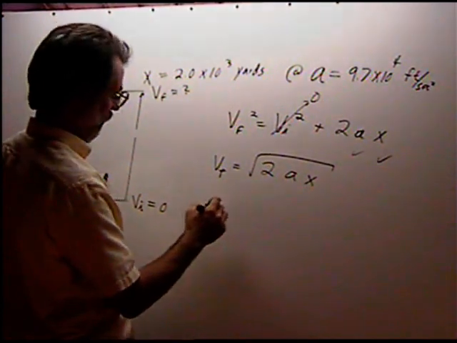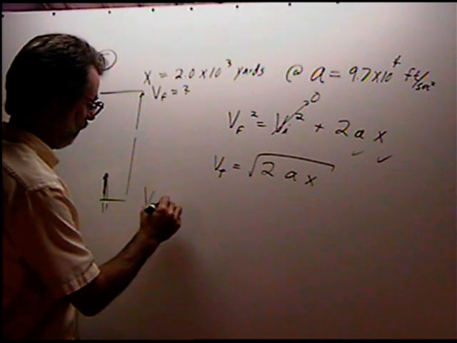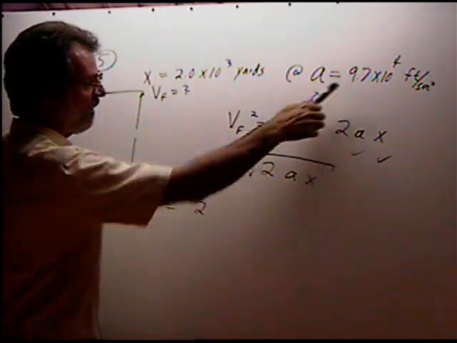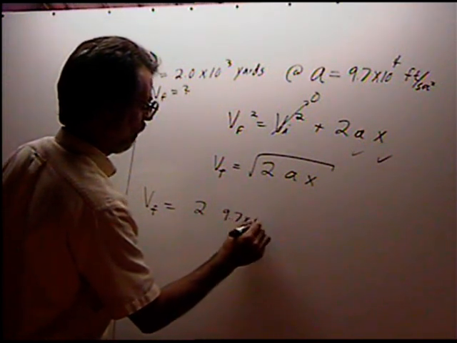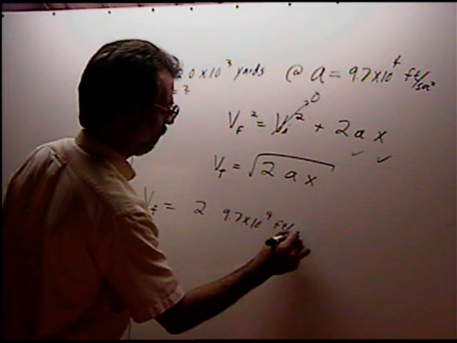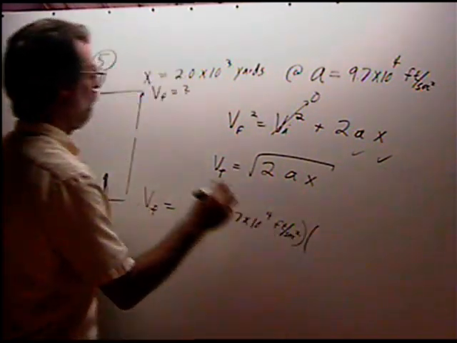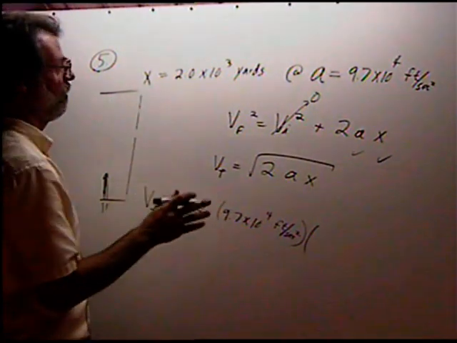So the final velocity is the square root of 2 times 9.7 times 10 to the fourth feet per second squared, times x. Now x is in yards, but we need to convert it to feet.